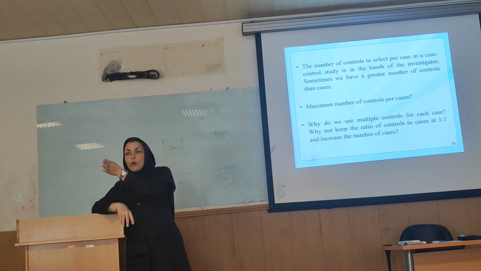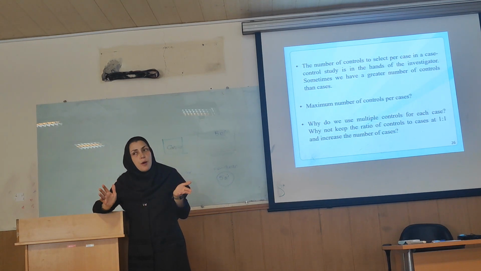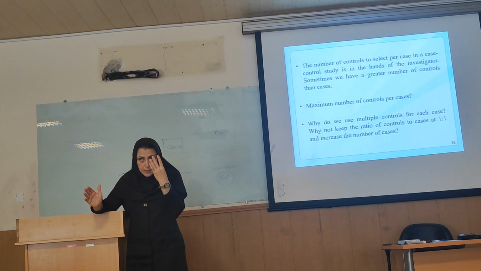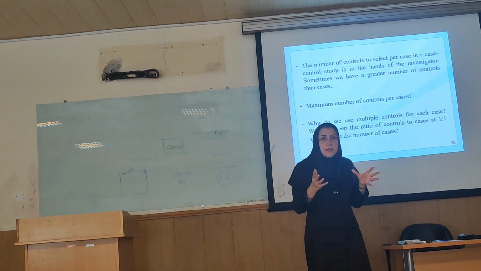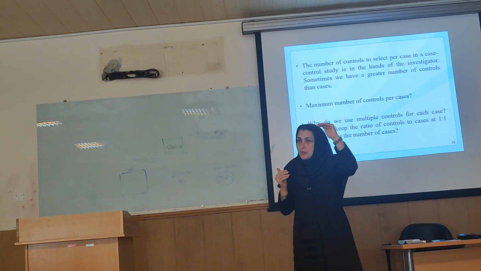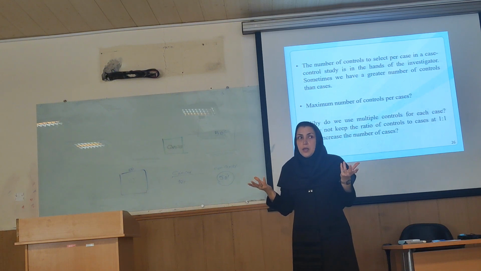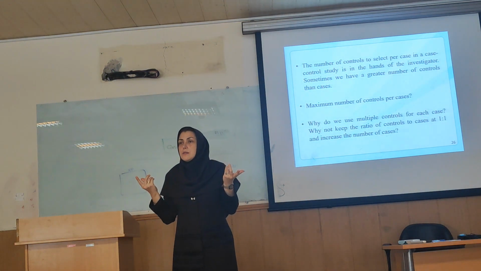Usually we have more controls and fewer cases. The maximum number of controls per each case is 4. But in rare situations, we can use more cases and fewer controls. Why? Because of shortcoming in the cost.